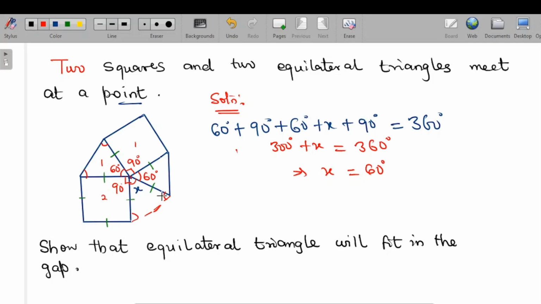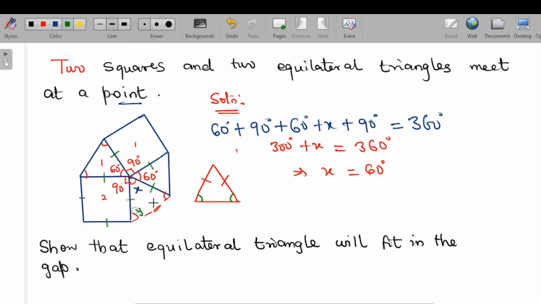So how do we get the other angles? We are not told anything about these angles, but there is something we know: that these two sides are equal. If two sides of a triangle are equal, such triangles are called isosceles triangles, and the implication is that their base angles must also be equal. So these two base angles must be equal.